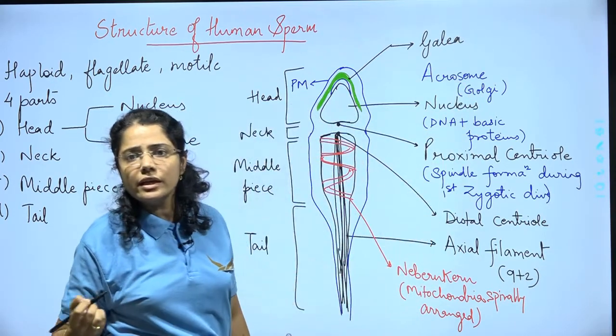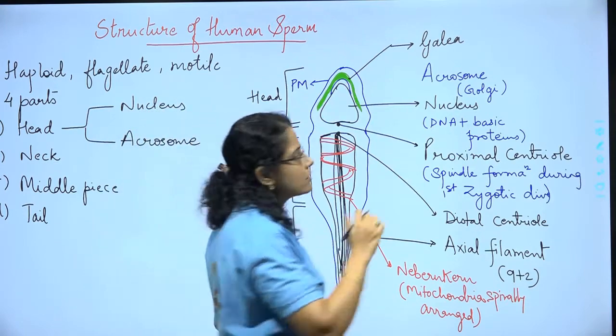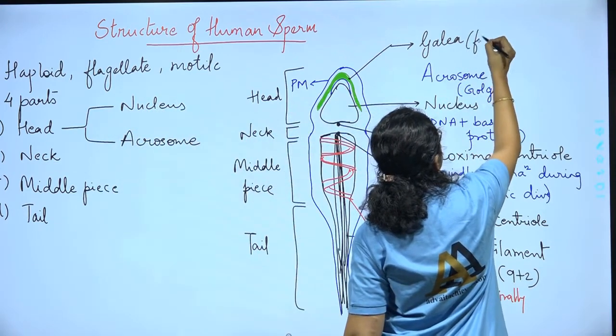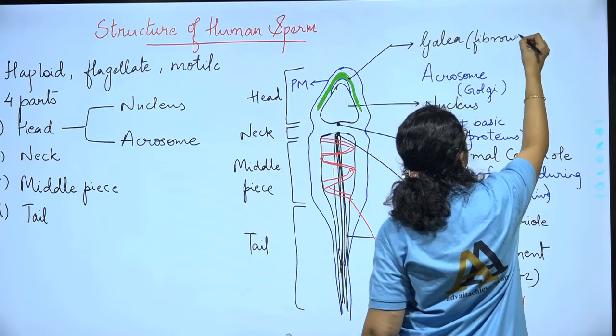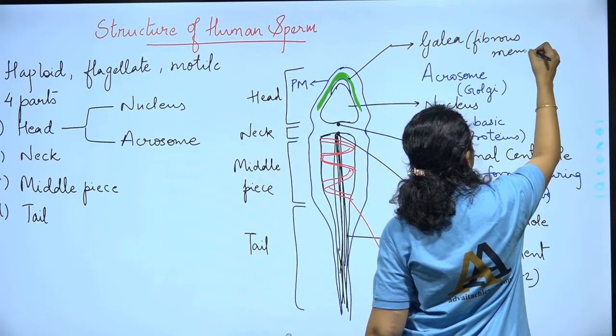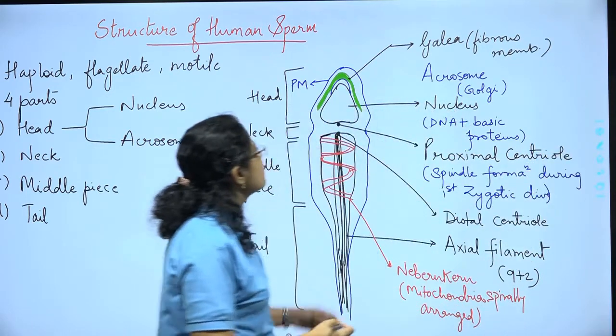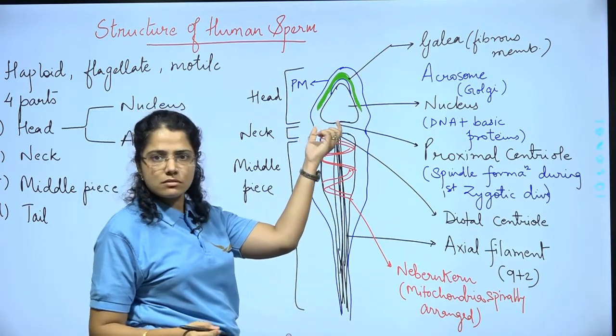Galea is a fibrous membrane, but as you see, it covers the upper half only; the remaining part is not covered.